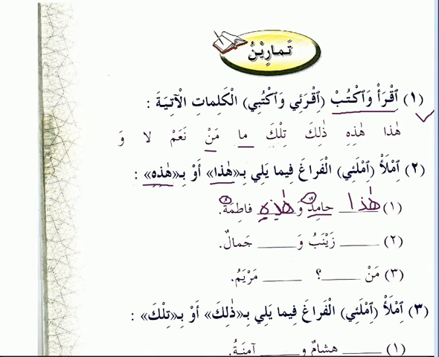Of course it's hadihi, because Zainabu is a girl. So you're going to have hadihi. And for the second blank, hada is the second one, because hada is for somebody that's close, and somebody that is a boy. Jamalun, right, Jamalun has two. So that means it's a boy.